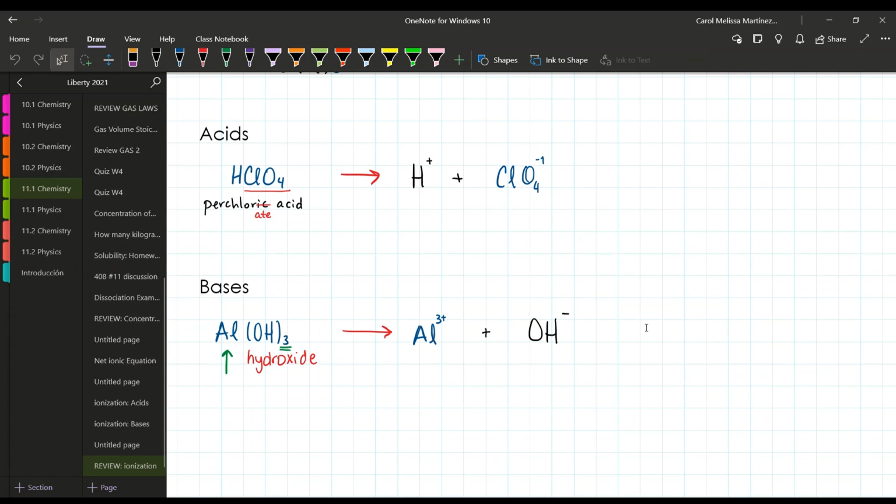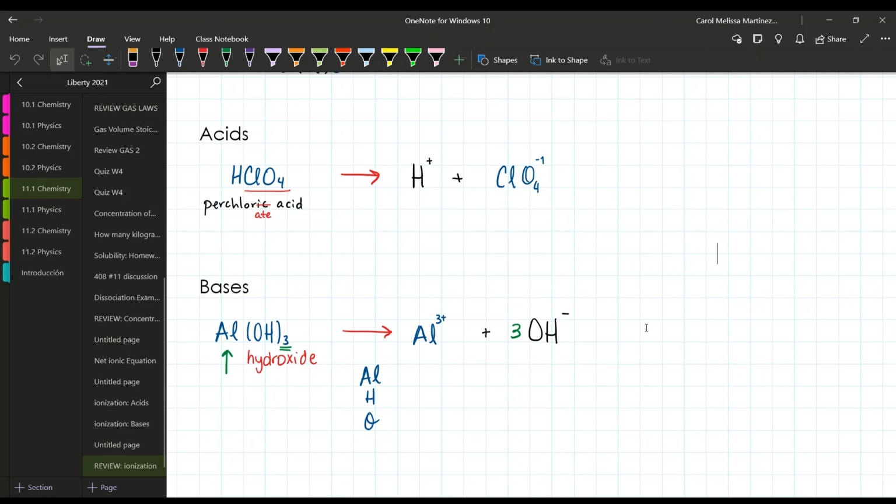Since here we have the 3 that is multiplying the parentheses, which is the hydroxide ion, in the product I also need a 3 that must multiply the hydroxide ion. And with this, you make sure that everything is going to be balanced. And if you don't believe me, you can try, okay?